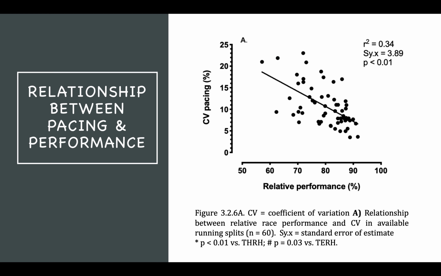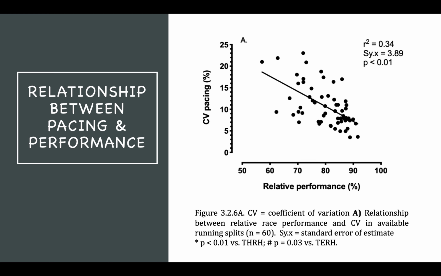And again, what we found was a significant relationship. The runners with better relative race performances had lower variation in their pacing. And again, just like the relationship between performance and training load, we need to take a look at the R-squared value. It's relatively low, it's 0.34.